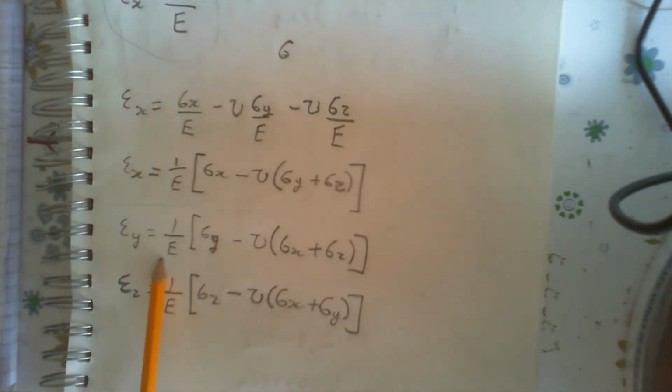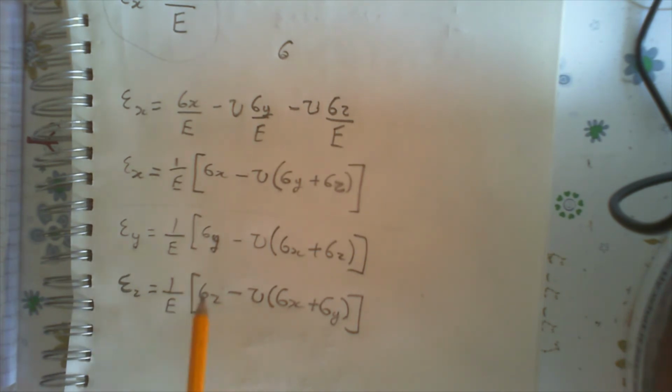So this one here, you could say the y-axis was your reference axis, and you're looking at the stress at this axis and subtracting Poisson's ratio times the sum of the stresses in the other axes. And again, exact same for the z direction, the z axis.